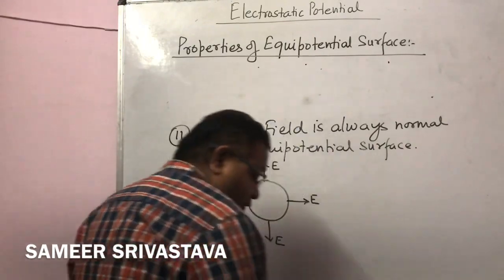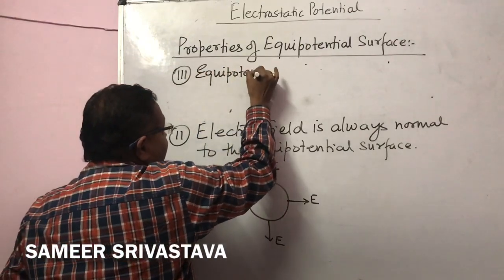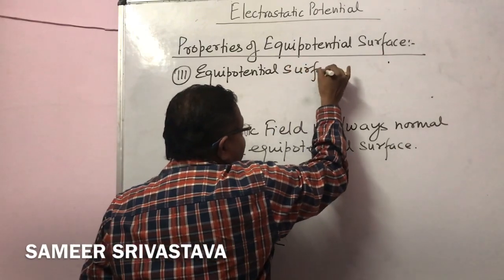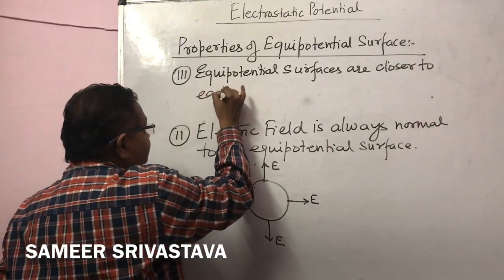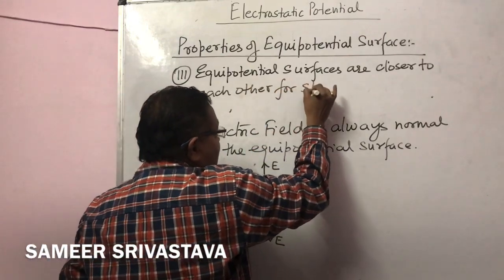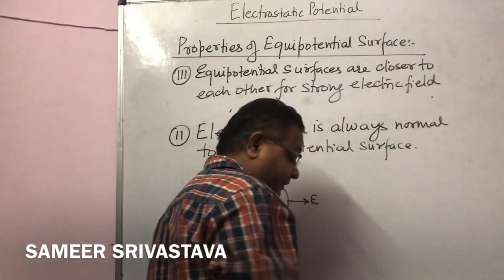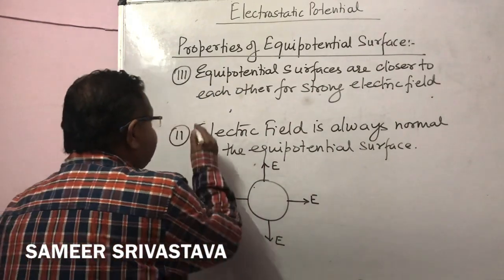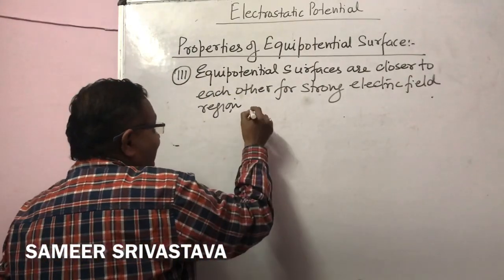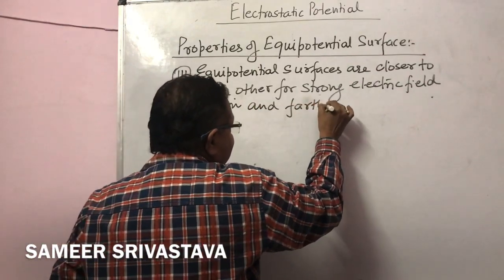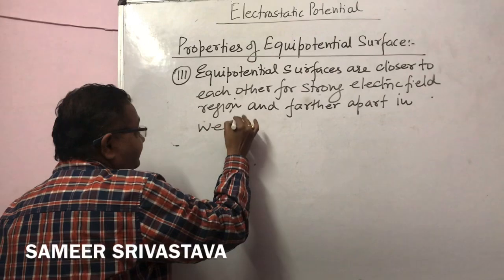Now, the third case says equipotential surfaces are closer to each other for strong electric field, and farther apart in weak electric field region.